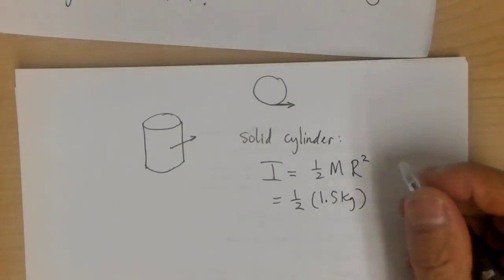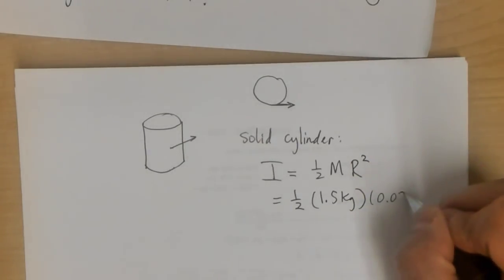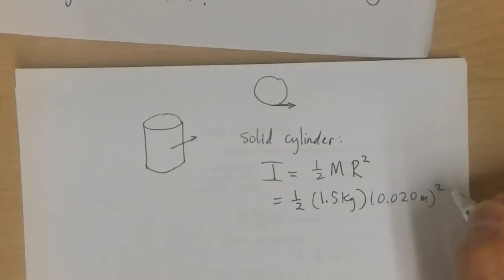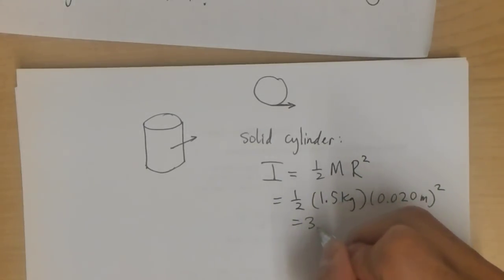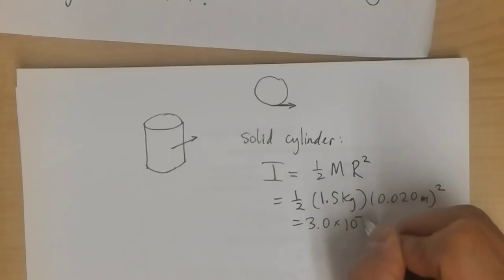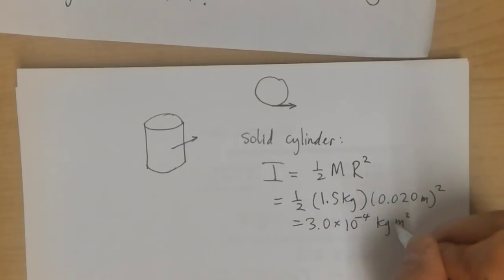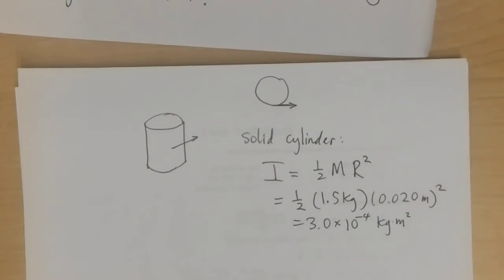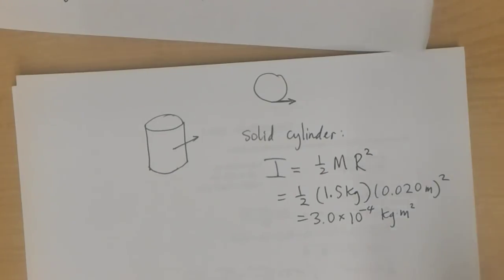We said it was 2 centimeters, so 0.02 meters squared. And that comes out to 3.0 times 10 to the minus 4th kilograms meters squared. Okay, remember, moment of inertia has these funny units of kilograms times meters squared.